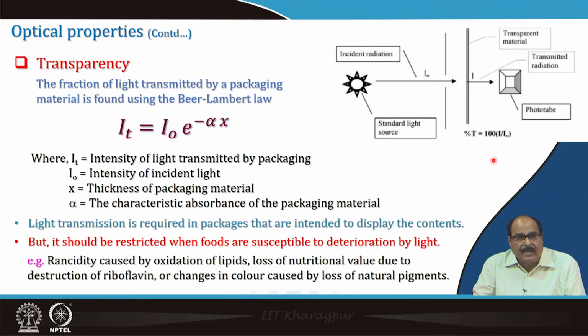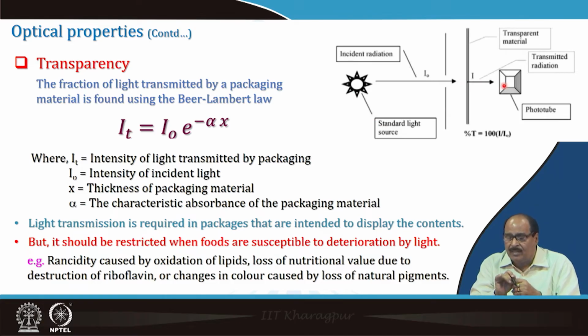Transparency, that is the fraction of light transmitted by a packaging material, is found using the Beer-Lambert law. Here you see a transparent material, and the incident radiation of intensity I0 from the standard light source falls on it, and that light is transmitted.